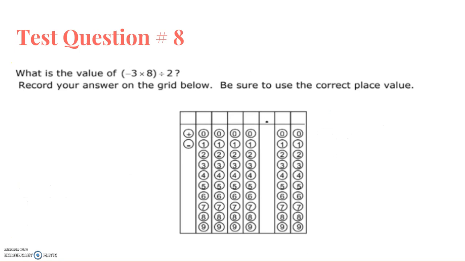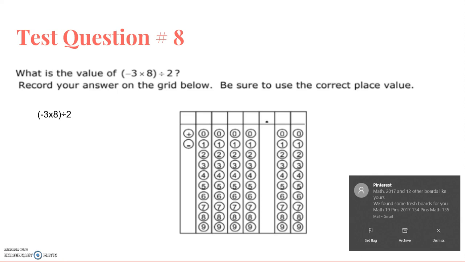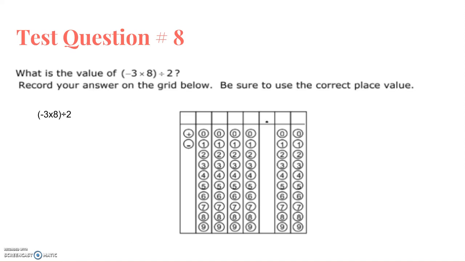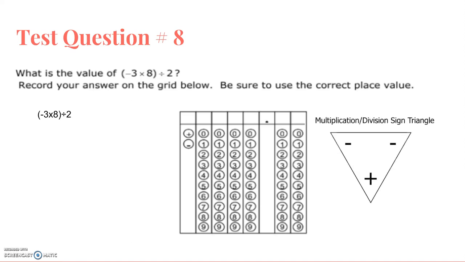Question number 8. What is the value of -3 times 8 divided by 2? When solving these type of problems, remember to always solve using GEMDAS. That means you should be doing the grouping symbol first and then doing division. Inside the grouping symbol is multiplication, and when we multiply and divide integers, we use our integer monster or our sign triangle.